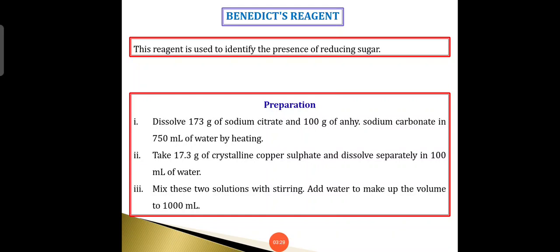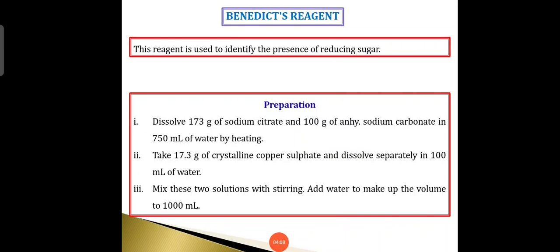So this Benedict's solution can be used to test for the presence of glucose in urine. When reducing sugars are mixed with Benedict's reagent and heated, a reduction causes the Benedict's reagent to change the color. So here what happened is the copper 2 ions in the Benedict's solution are reduced to copper 1 ion, which causes the color change.